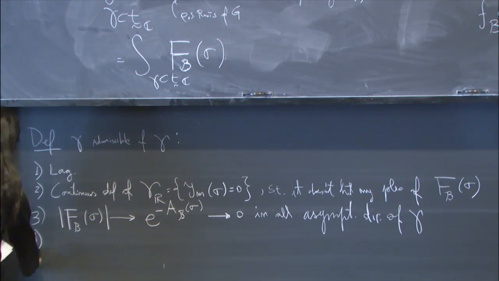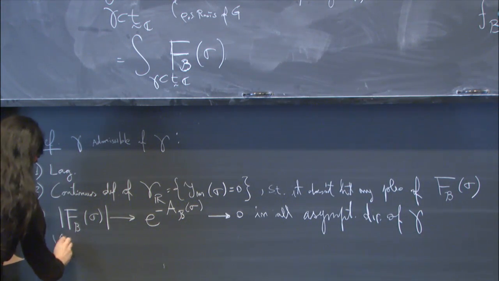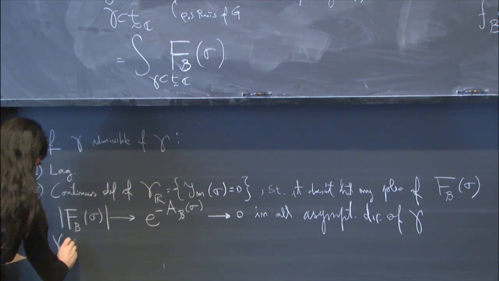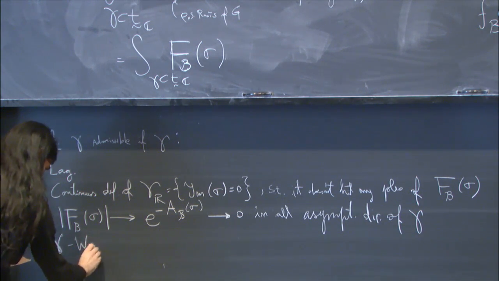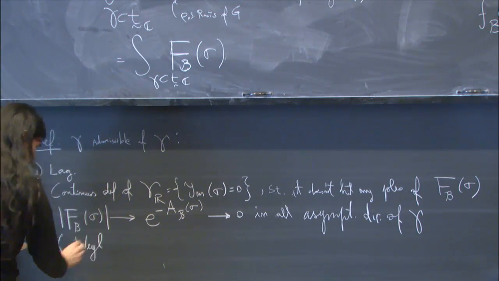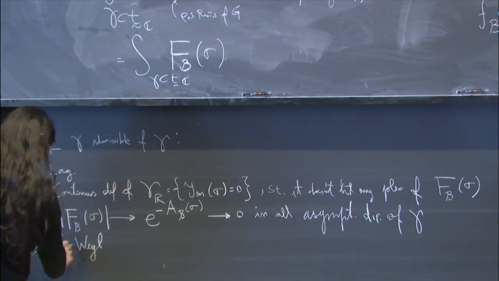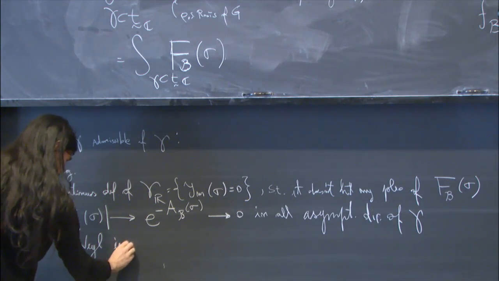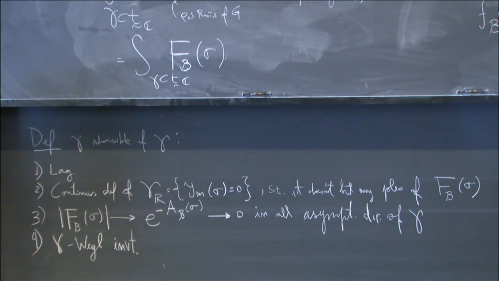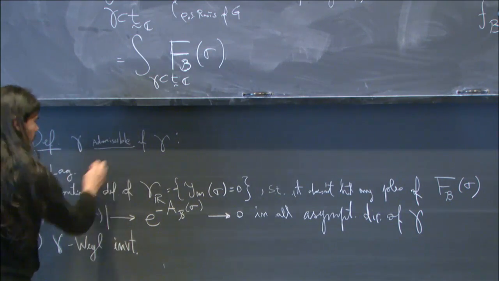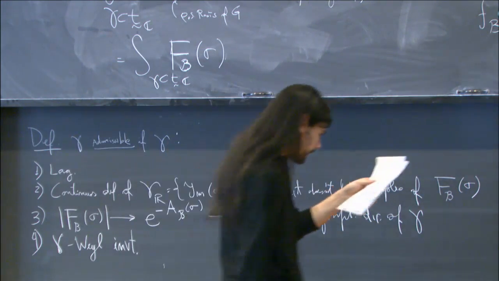And the fourth, just when G is non-abelian, gamma should be Weyl invariant. There is an action of the Weyl group that remains here. Even if I go to the torus, gamma should be Weyl invariant. So these are the conditions for gamma to be admissible.